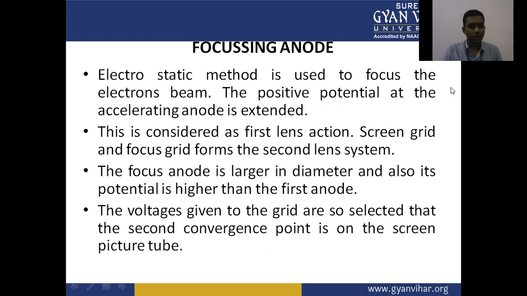The focus anode is larger in diameter and its potential is higher than the first anode. The voltages given to the grids are so selected that the second convergence point is on the screen of the picture tube.